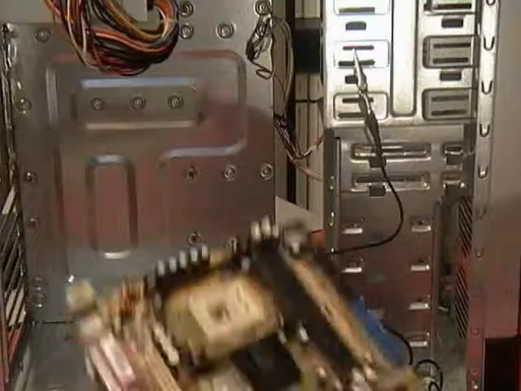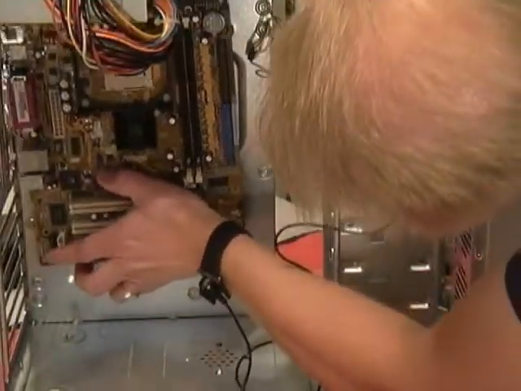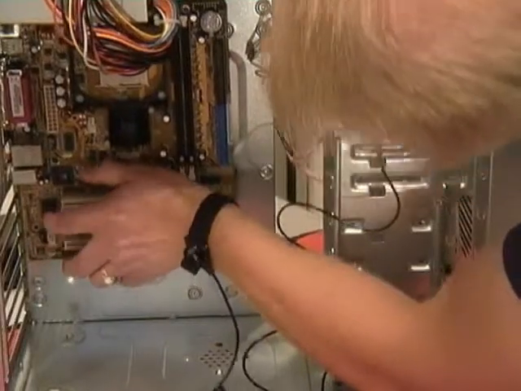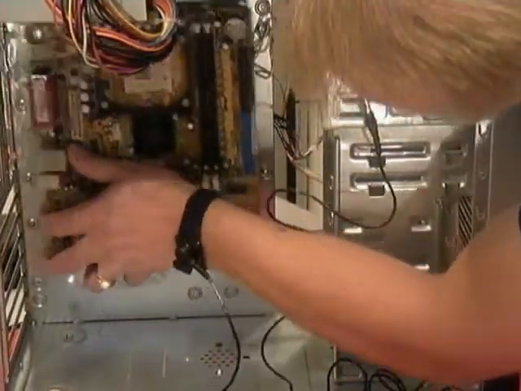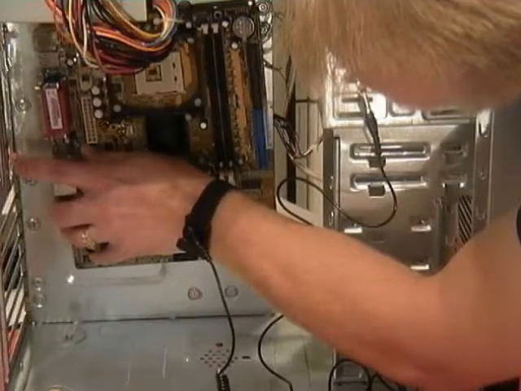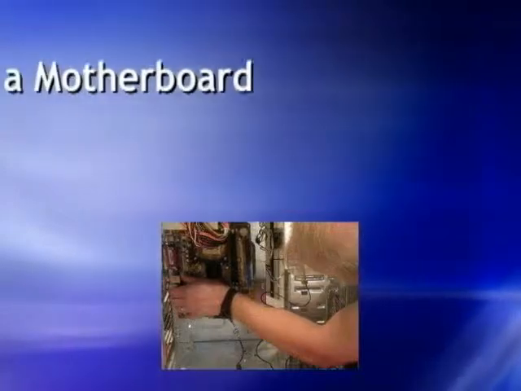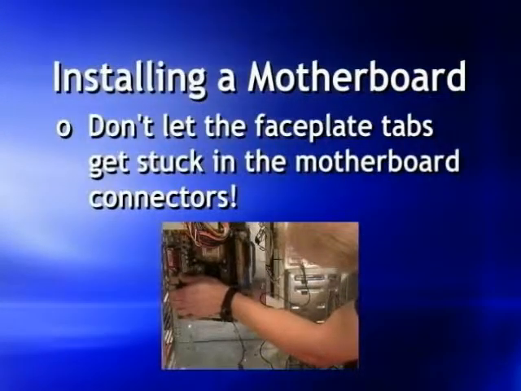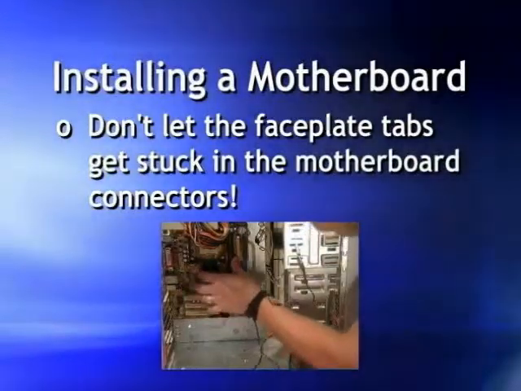So we take our motherboard and we make sure that these line up. And one of the tricky things is you'll notice right on the template, it's got these little sticky out tabs, and you need to make sure that you get the motherboard underneath those tabs, and so they don't go into the plug itself. The tabs are there to kind of hold it in place.